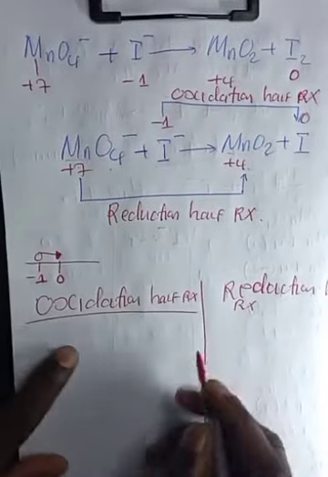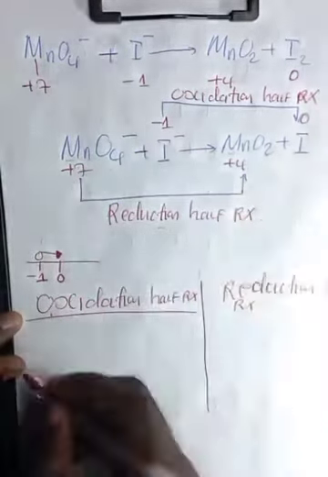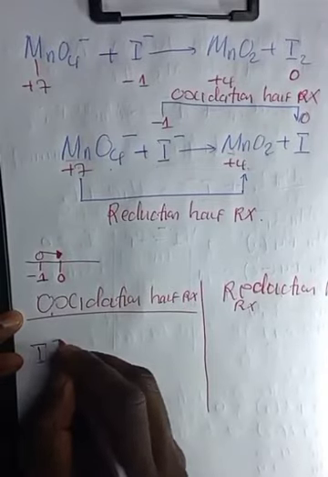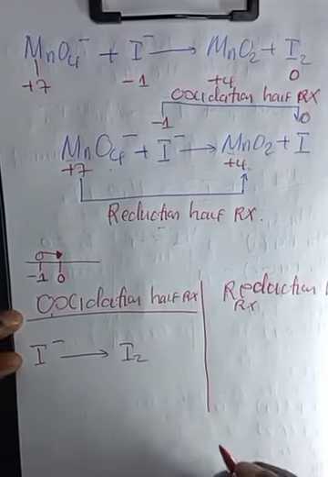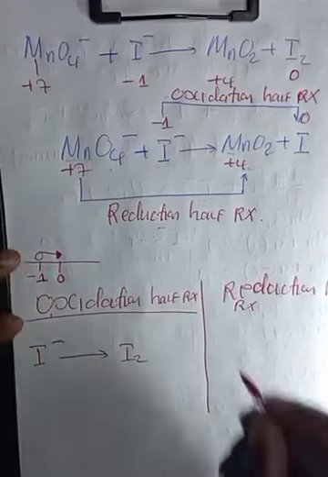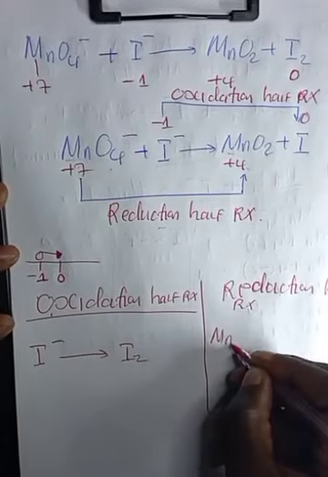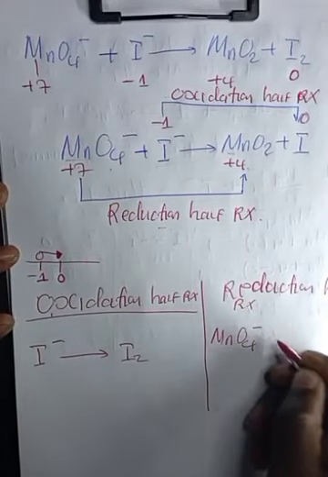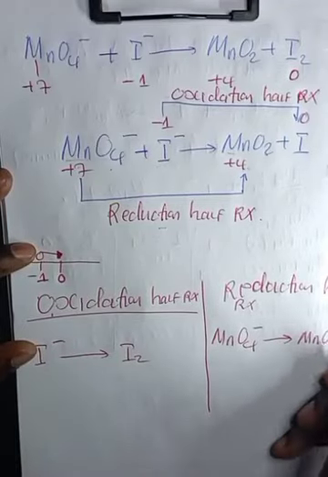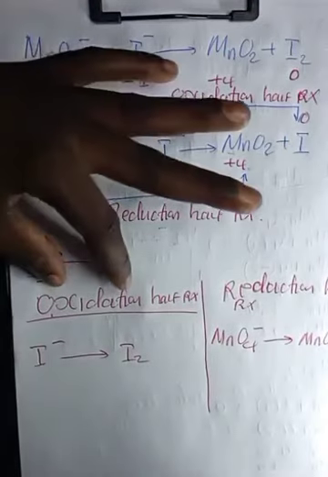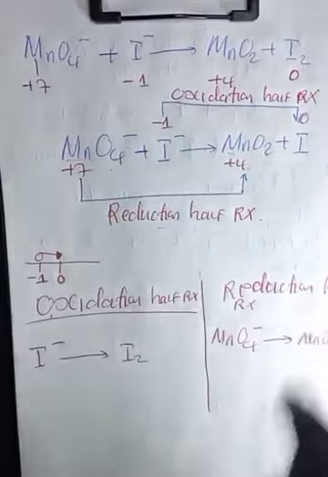So our oxidation reaction, the one on top, is where we have iodide producing iodine. Then the other one is where we have MnO4 minus producing this guy here. So this is our reduction reaction and our oxidation reaction.